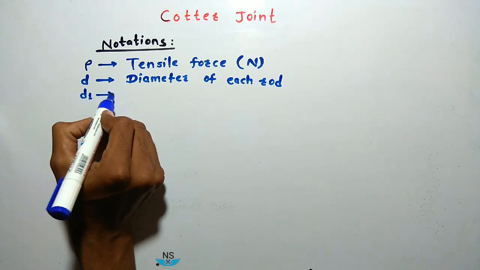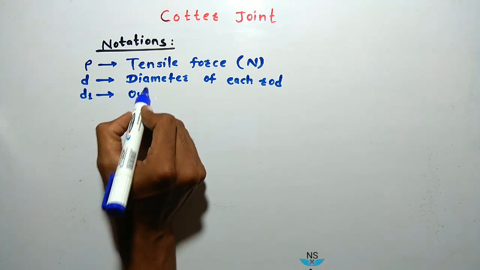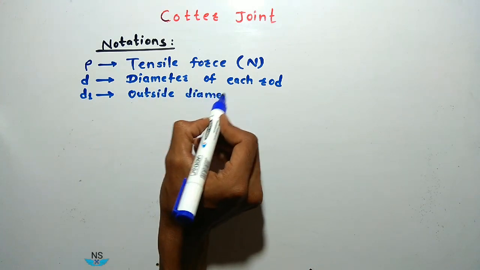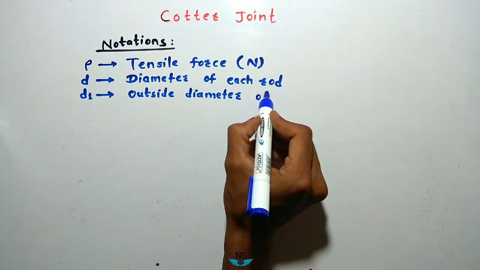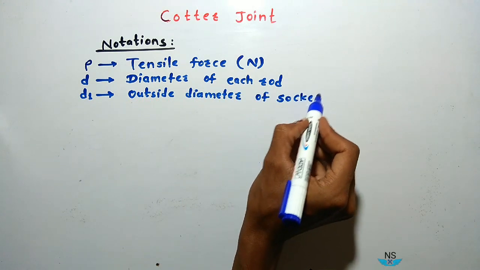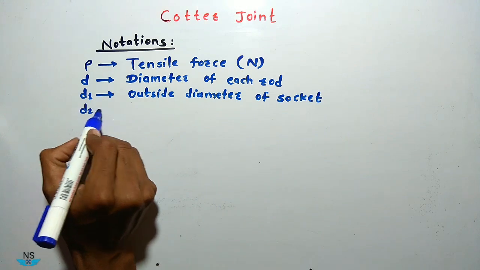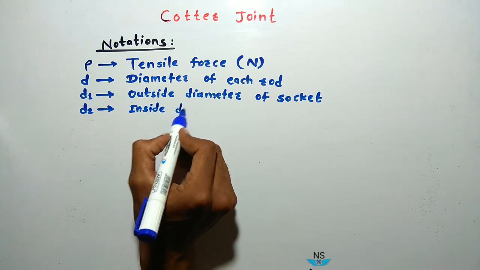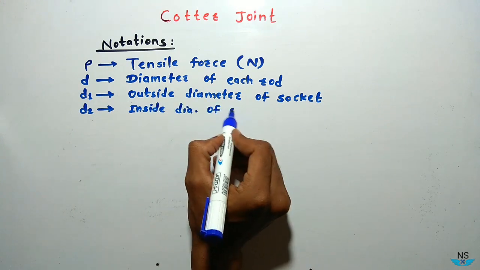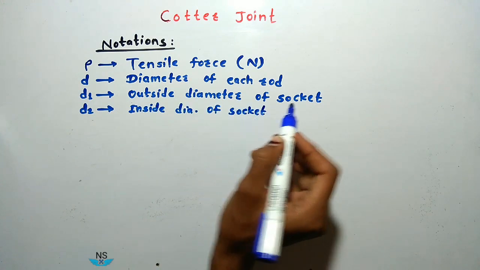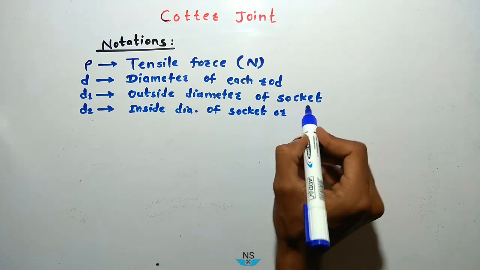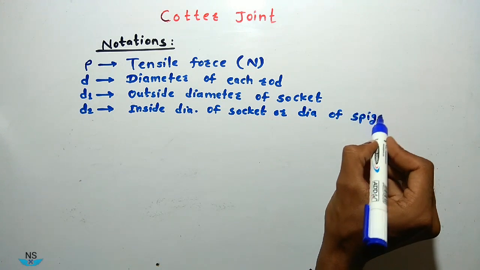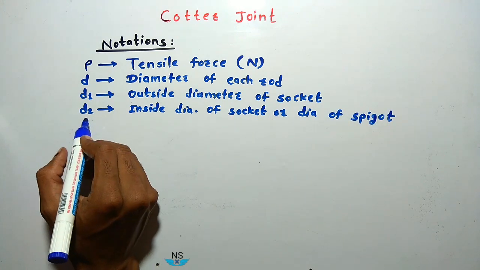Small d1 is the outside diameter of socket, in mm. D2 is the inside diameter of socket, or the same D2 notation is for diameter of spigot, in mm.